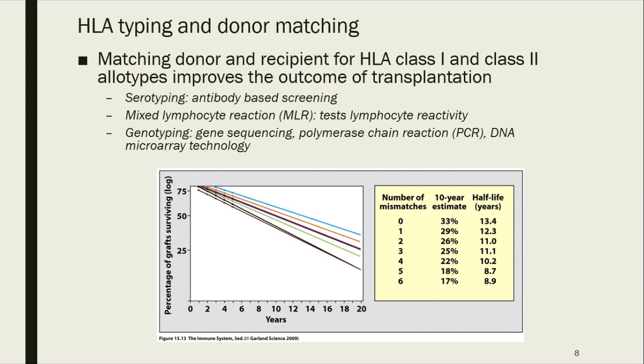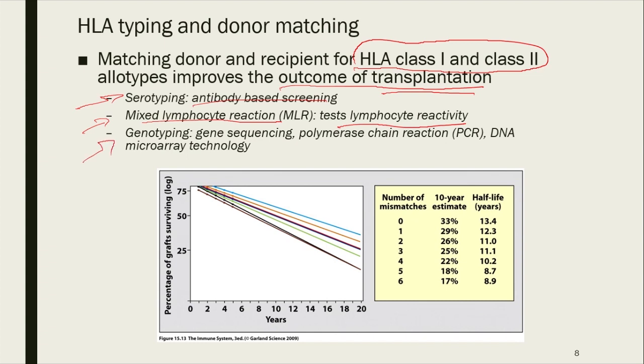Finding a matching HLA class 1 and class 2 is essential to improve the outcomes of transplantation. There are different ways to do the screening: serotyping using antibody-based screening, mixed lymphocyte reactions that test lymphocyte activity, and genotyping.